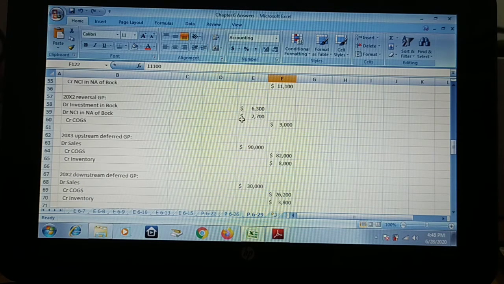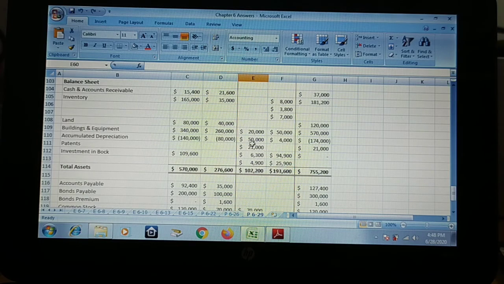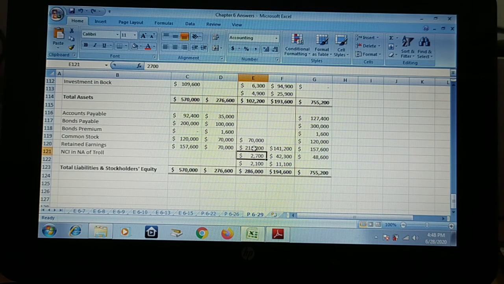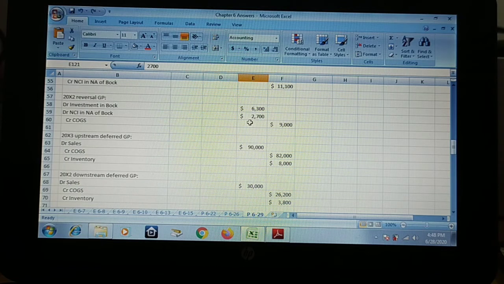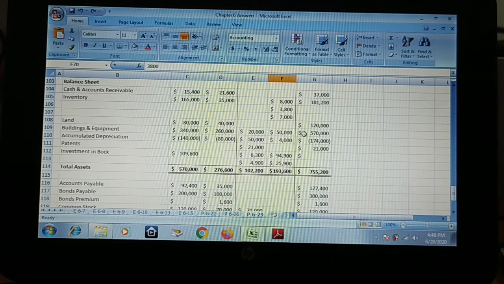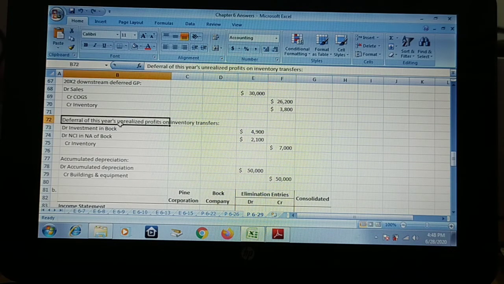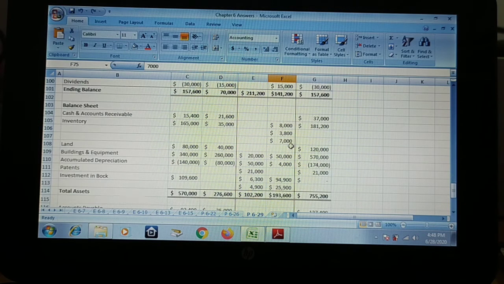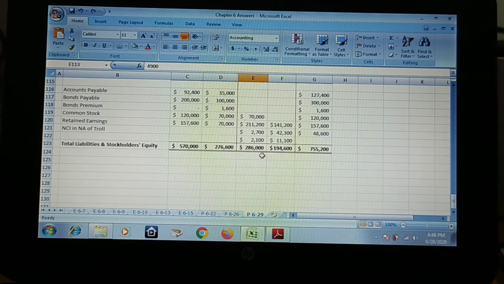Okay, and then we have this reversal. We debit investment, debit NCI in NA, and then we have the upstream deferred gross profit and the downstream deferred gross profit, also credit inventory. Then for this one also we need to debit investment, debit NCI, credit inventory.